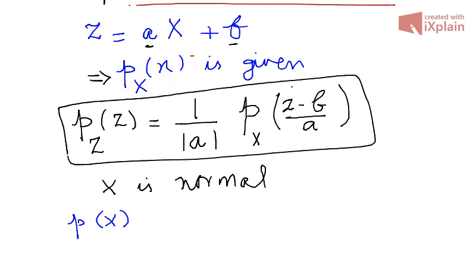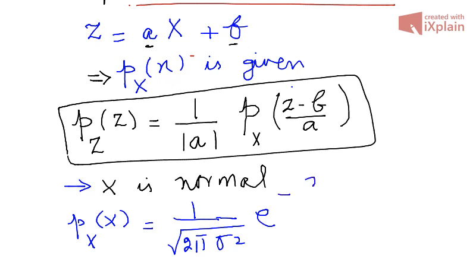So when we say x is normal, we would write the PDF of x very similar to the PDF of additive white Gaussian noise, and the PDF of x would be 1 over square root 2 pi sigma square, e raised to the power minus x square over 2 sigma square. So this is the PDF of the normal random variable x.